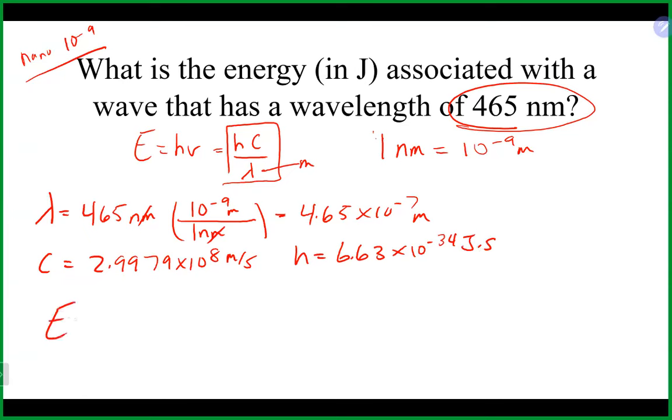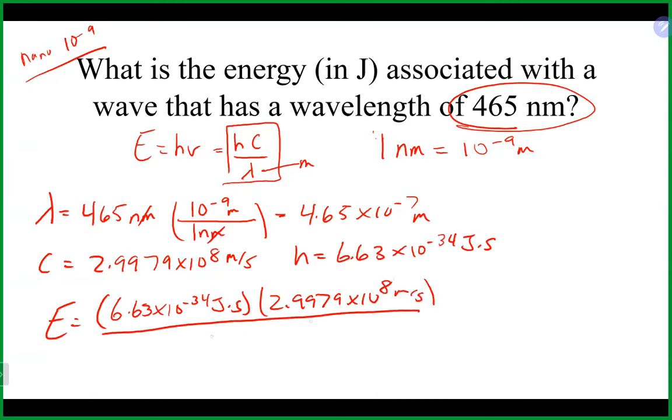That would give us our energy is equal to our Planck's constant times our speed of light divided by our wavelength, which has been converted into meters. Once again, here meters will cancel, seconds will cancel.